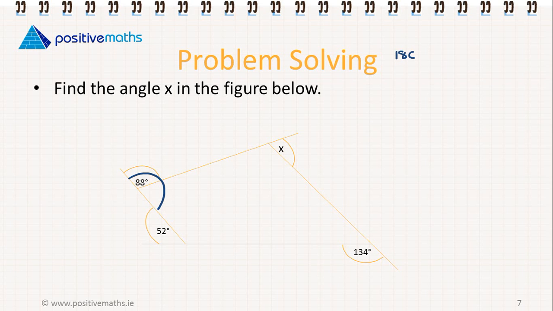Therefore, 180 degrees minus 88 is equal to 92 degrees. We'll fill that in here. We'll do the same thing for this angle here and for the angle over here. We can therefore find this angle here, and then we can use this angle to find x.